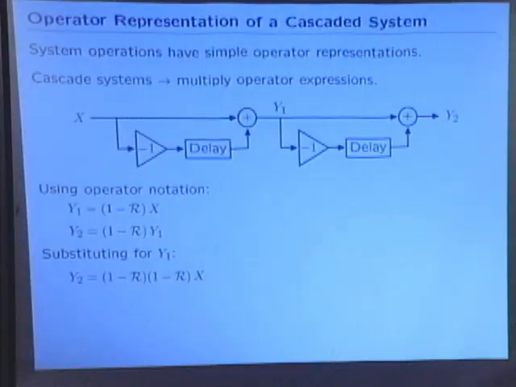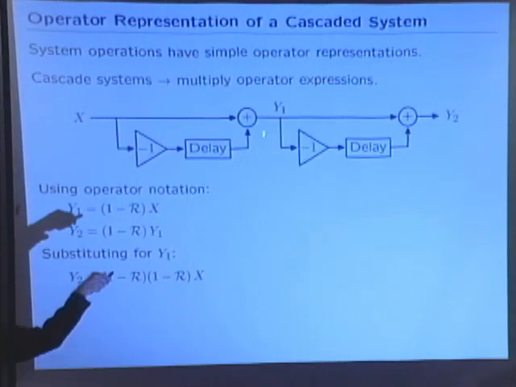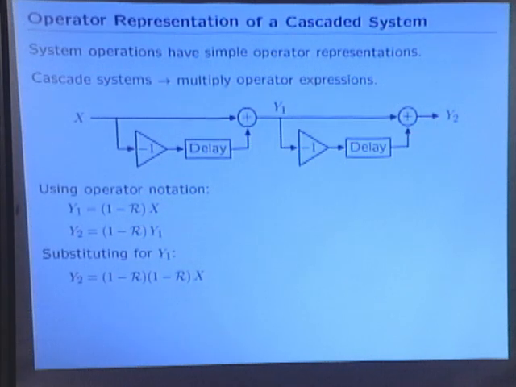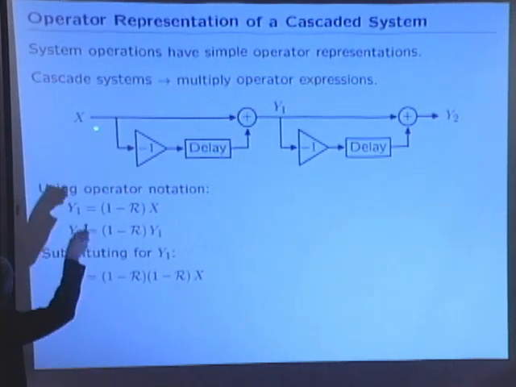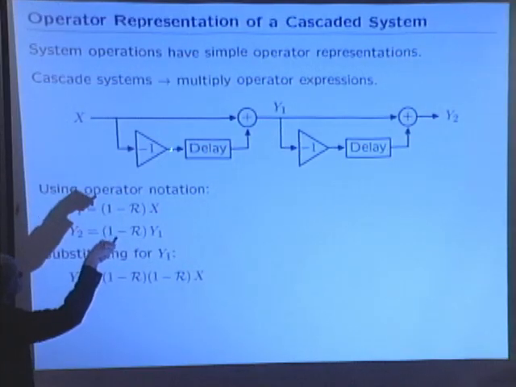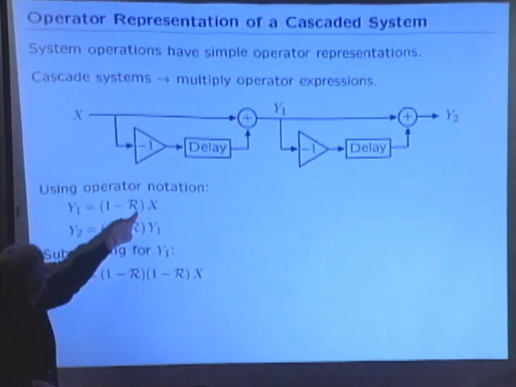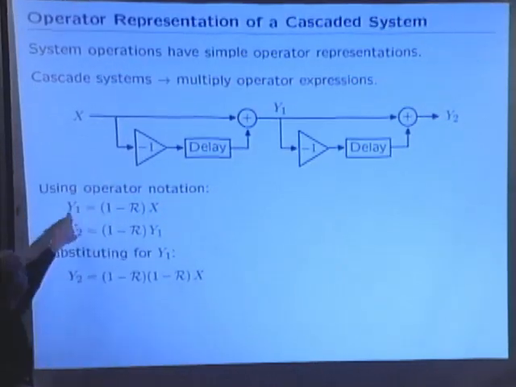So the idea is that we want to think about this hybrid notation, this operator notation, and how to represent simple systems that way. So here's an example. Say I have this system. I can think about that as the cascade of a system that starts with x. X is a signal, and this whole thing gets turned into an operator. That operator can be written mathematically as 1, this path, added to -1 times a delay. So 1 minus R operating on x gives me y1.